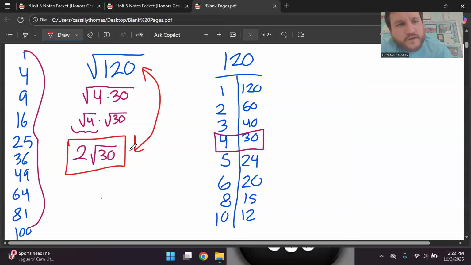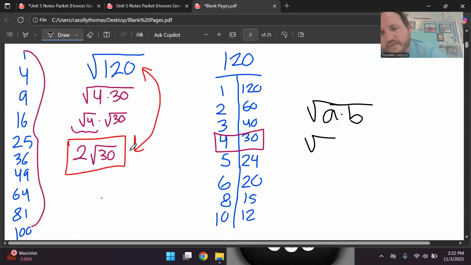Now something that I do want to mention: if I have the square root of A times B, where A is some number and B is some number, I multiply them together. That is the same thing as the square root of A times the square root of B, two different radicals. These are the same.